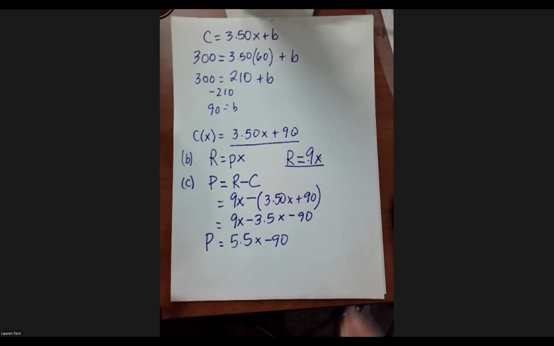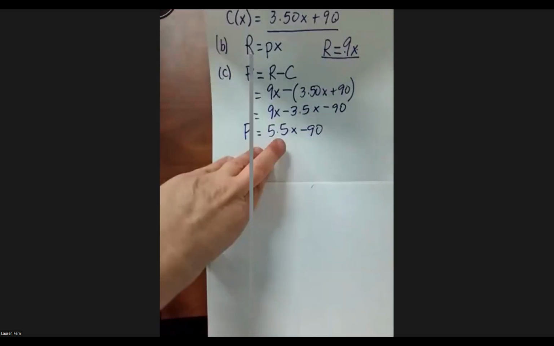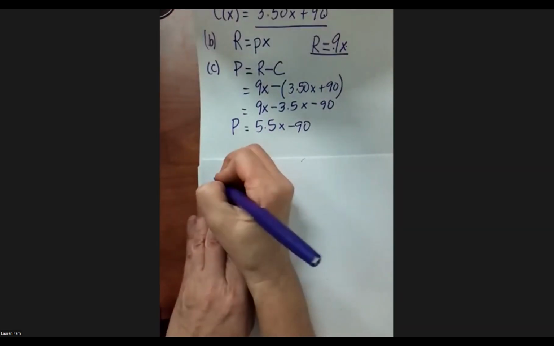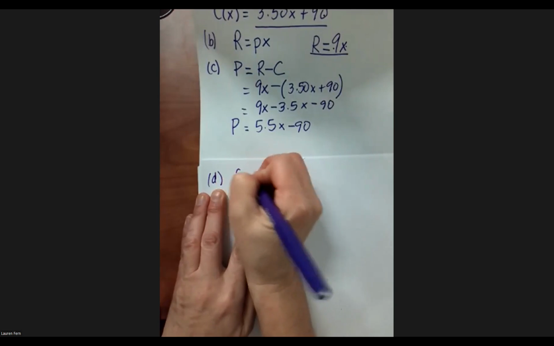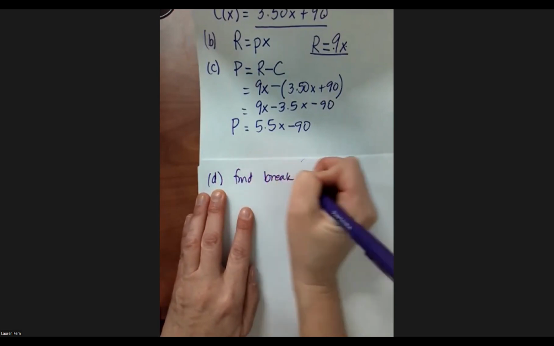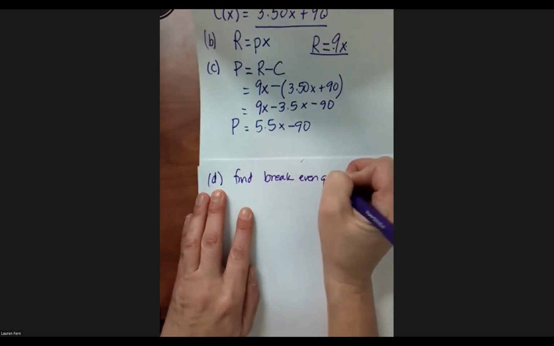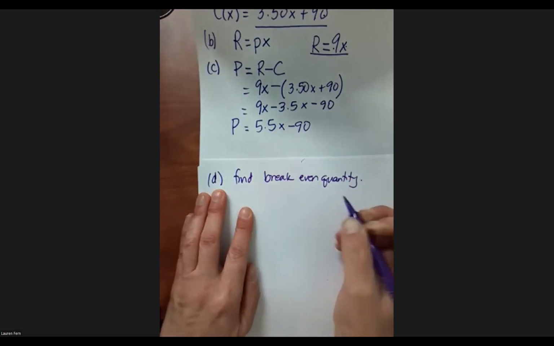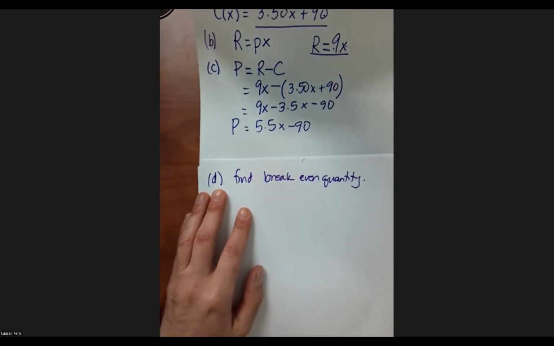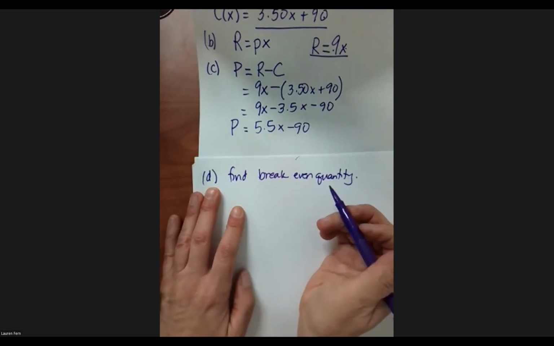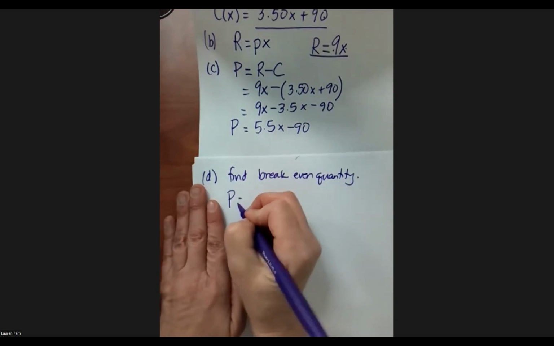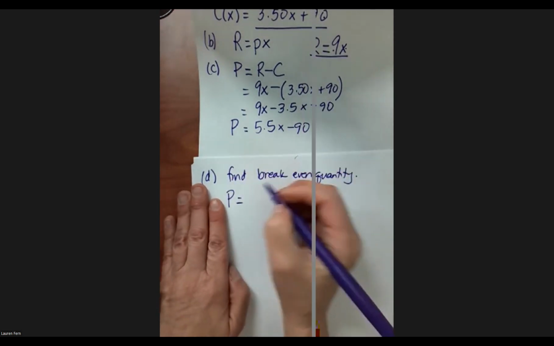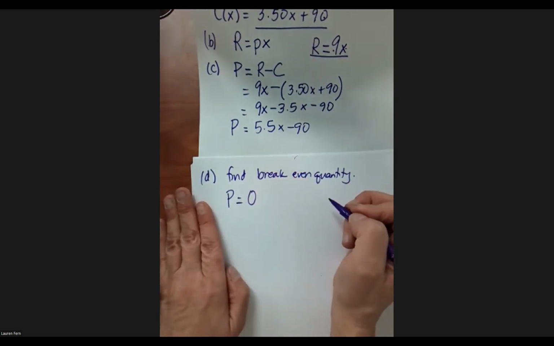All right, last but not least, we were asked to find the break-even quantity. Again, you can look at that two ways. Since we already found our profit function, I would just set our profit function equal to 0.